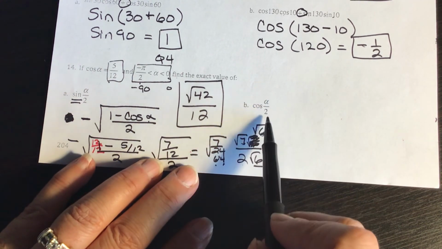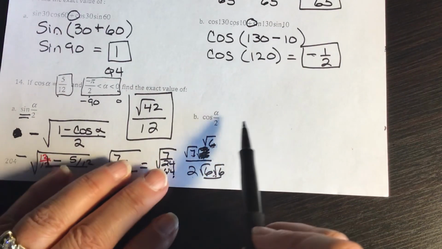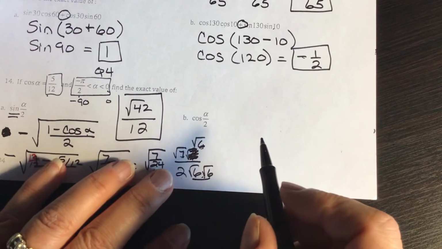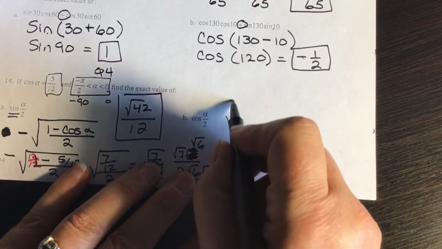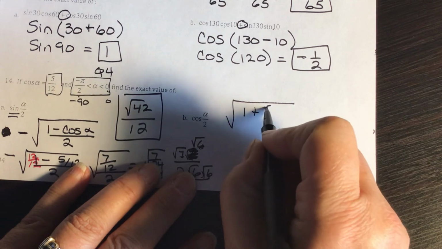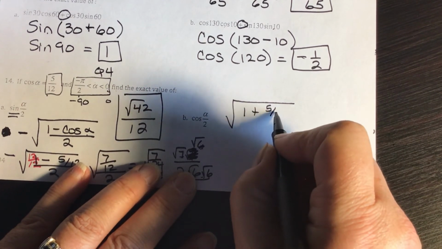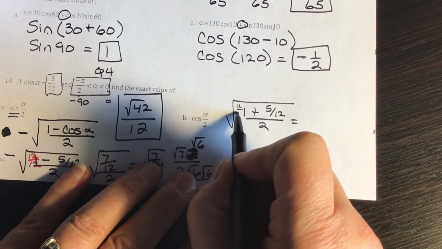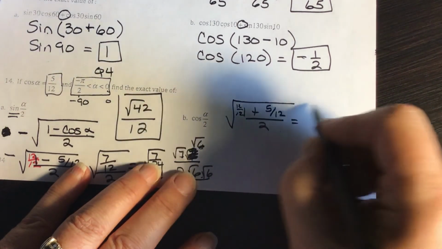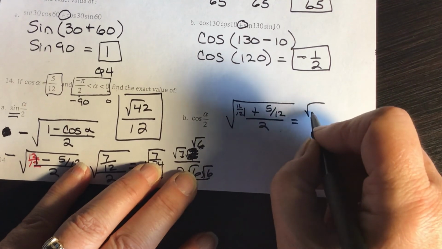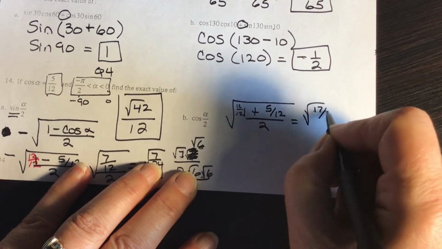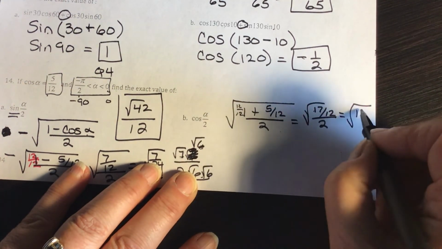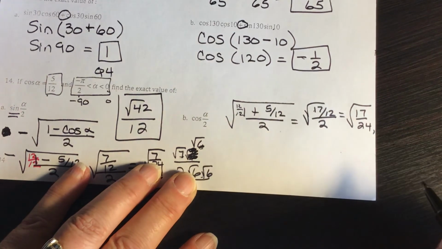Now if I'm looking at cosine of a half angle, that formula, if I know cosine, I'm going to just use the formula that has cosine in it. This is going to be 1 plus cosine of the angle is 5/12. So again, this is 12/12 plus 5/12. This will give me 17/12. Divided by 2, which is the square root of 17/24.